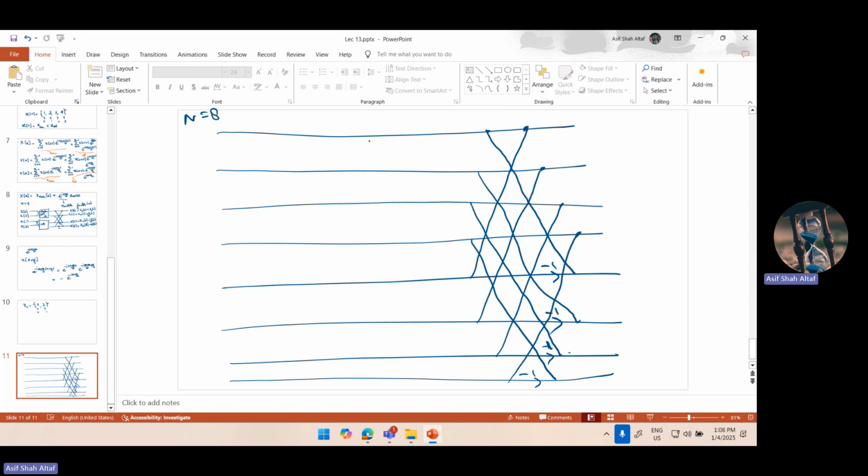In the second section, we will again have 2 and 2. Here it was 4 and 4, then you will have here 2 and 2, which will look like this.